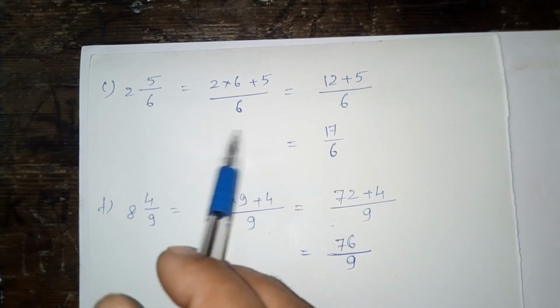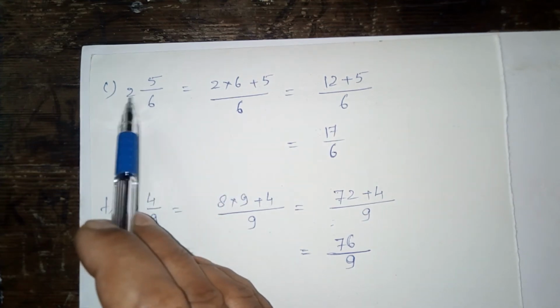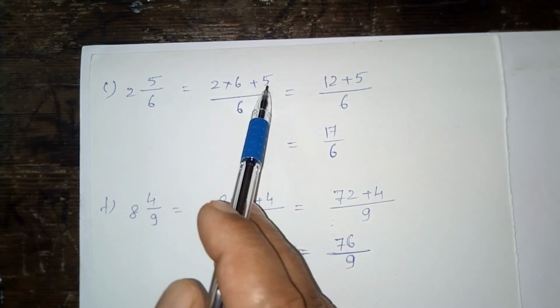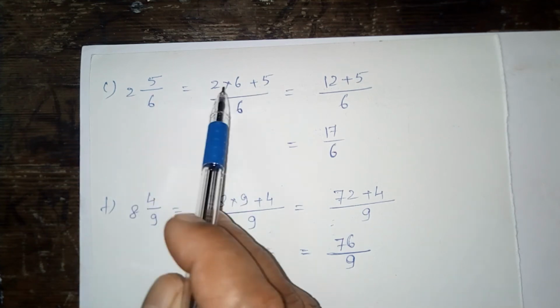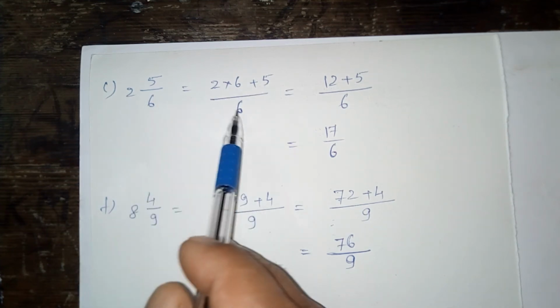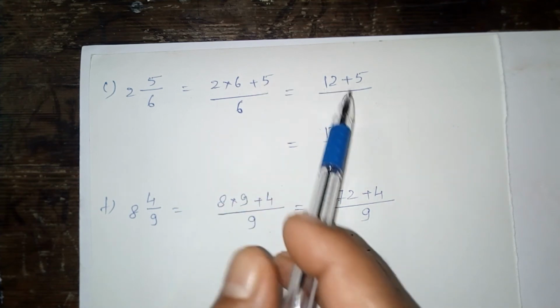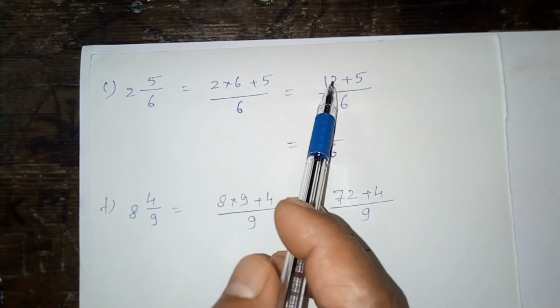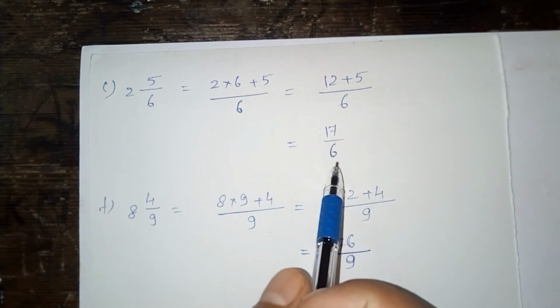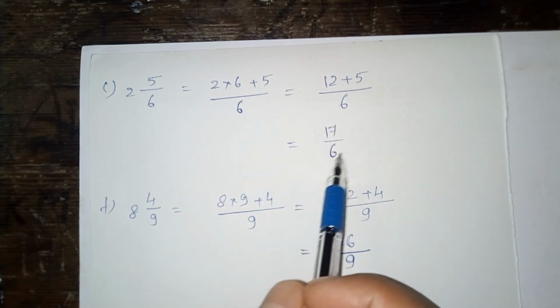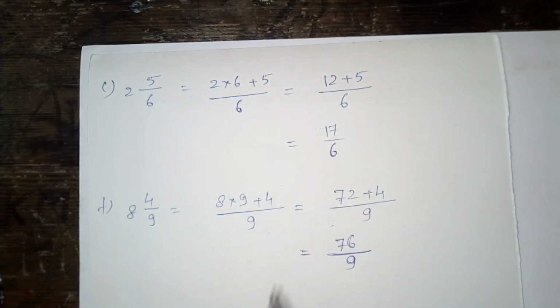We will apply the same procedure. 2 into 6 plus 5, upon 6. 2 6s are 12 plus 5 upon 6. 12 plus 5 is 17, so 17 upon 6. It is the required answer.